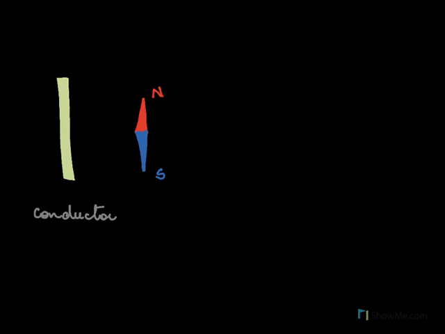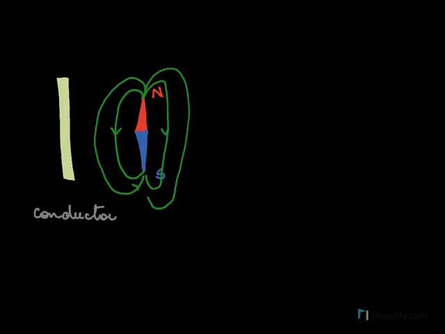Let us now explain this phenomenon. When there is no current passing through the conductor, there is no magnetic field associated with the conductor. However, there is a magnetic field associated with this compass, because this compass is a magnet, and there is a magnetic field associated with it going from the north to south direction. Now when current begins to flow through this conductor, a magnetic field is produced around this conductor.